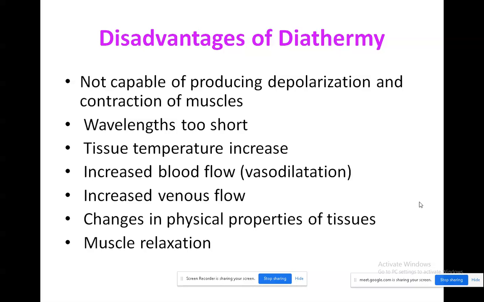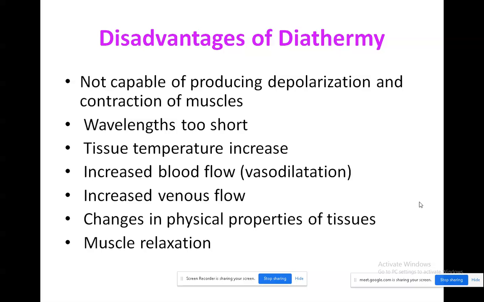Polarization means forming a voltage, with a positive sign on one plate and a negative sign on the other plate. Depolarization is the opposite: where positive was formed the plate will have negative, and negative will have positive. And contraction of muscles means relaxation.